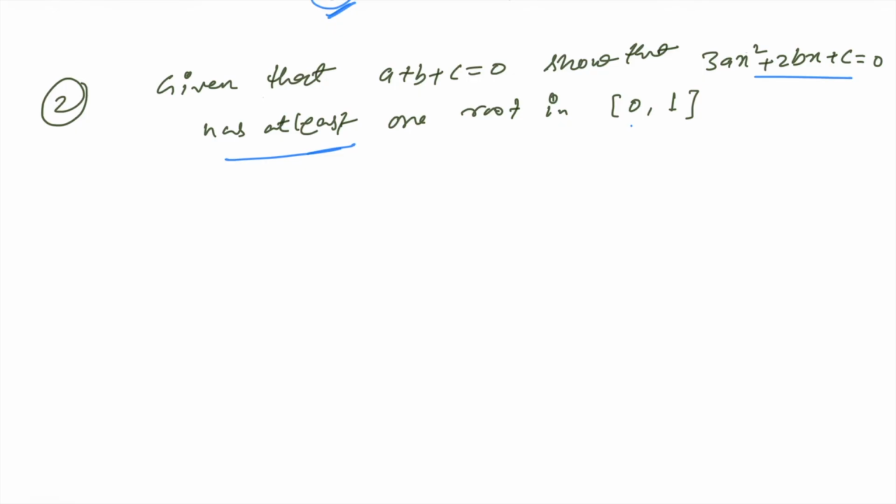So it's saying it has at least one root in the 0 comma 1 interval. So that means this is nothing but f prime c. Not c, it could be capital C. Any interval point, so f(a) is equal to f(b), from this Rolle's theorem.